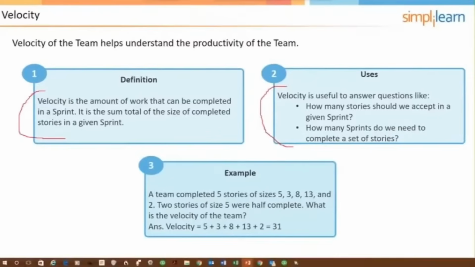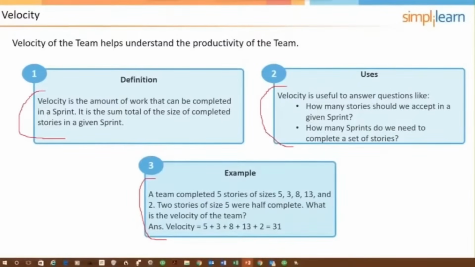And here's an example. In box number 3, a team completed 5 user stories that were sized 5, 3, 8, 13, and 2. 2 user stories, each sized 5, were left half complete. What is the velocity of the team?